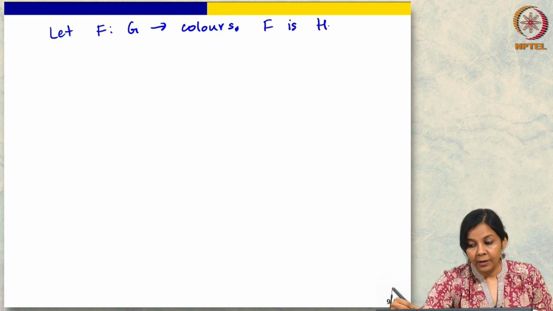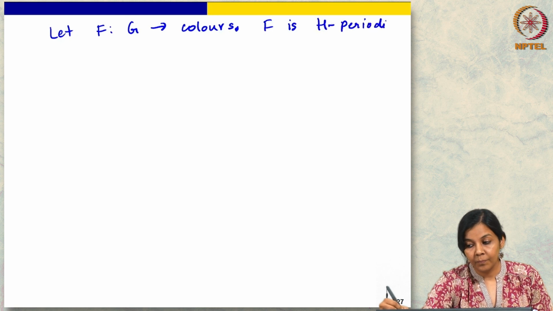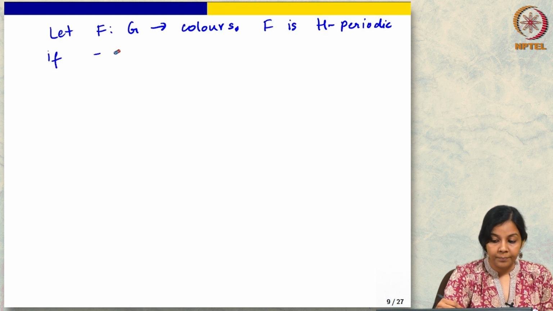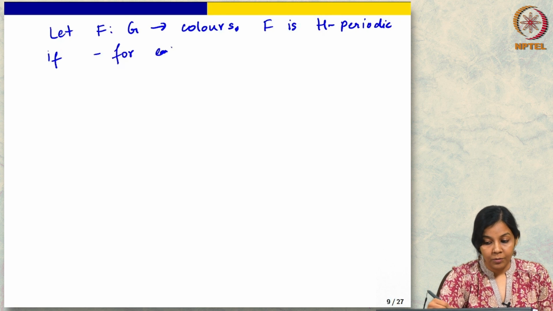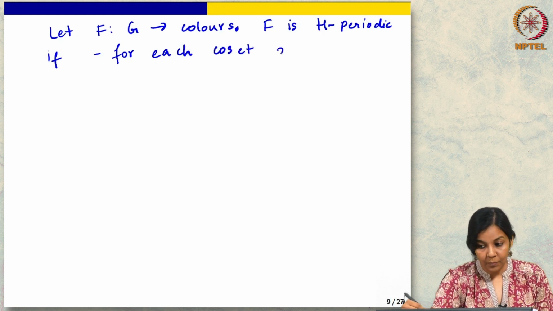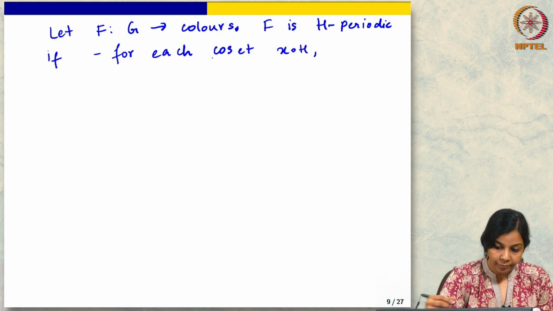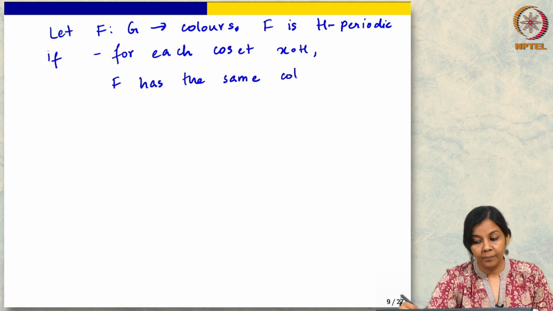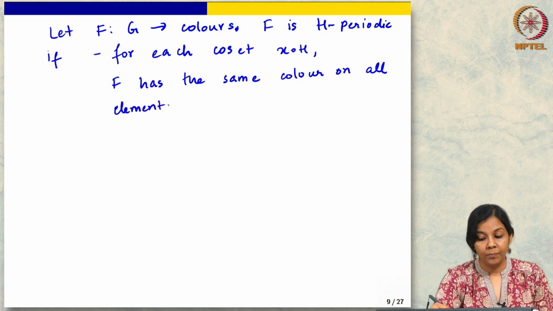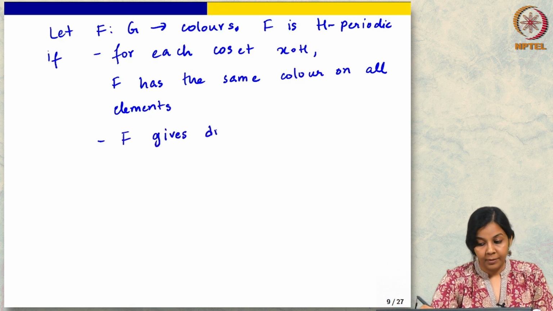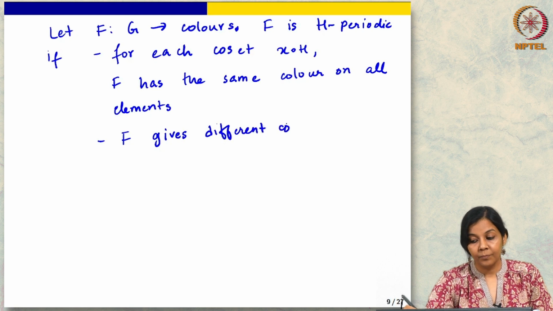F is H periodic if for each coset XH, F has the same color on all elements, and F gives different colors to different cosets.